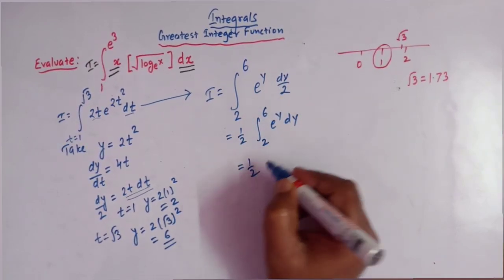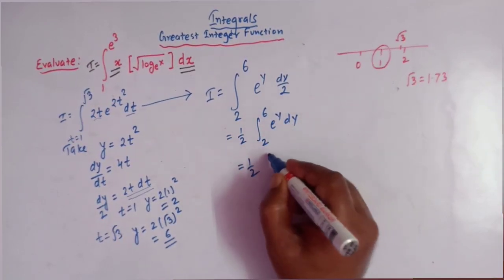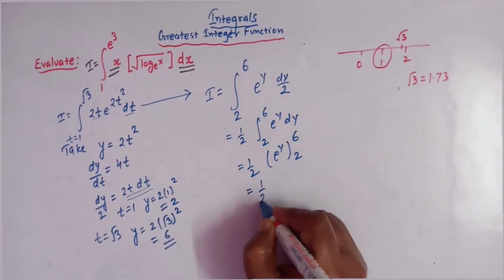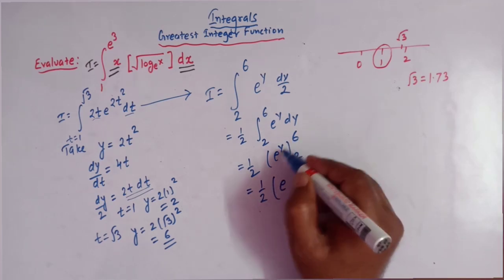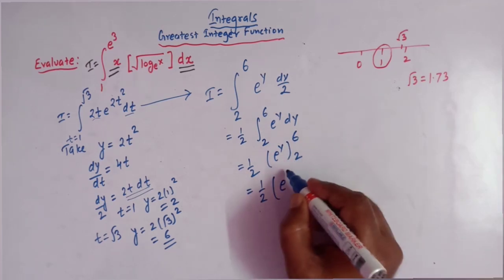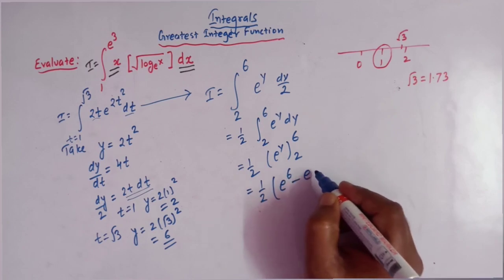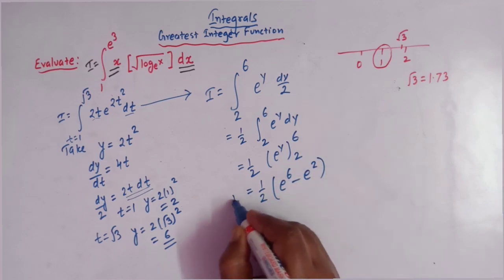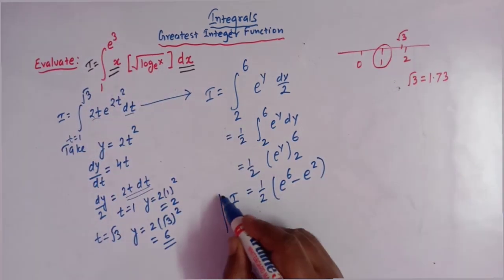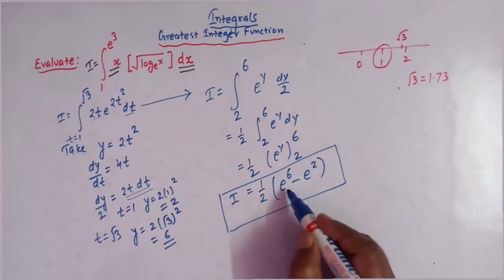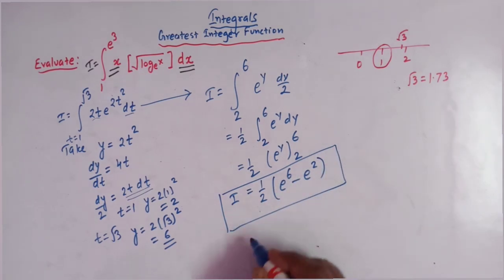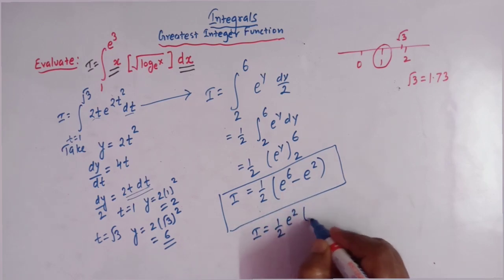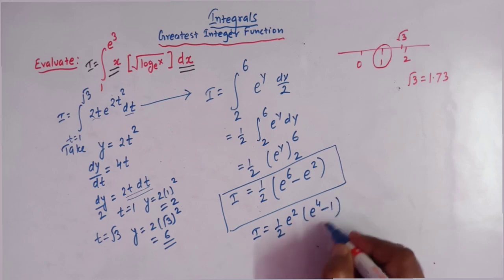And the integral of e raised to y is e raised to y, and the limits are from 2 to 6, so we have half, and now we can substitute the limits and take the difference. So we have e raised to 6 minus e raised to 2, right? So the value of this integral is equal to half of e raised to 6 minus e square, which can also be written as half, taking e square common, e square times e raised to 4 minus 1, right?